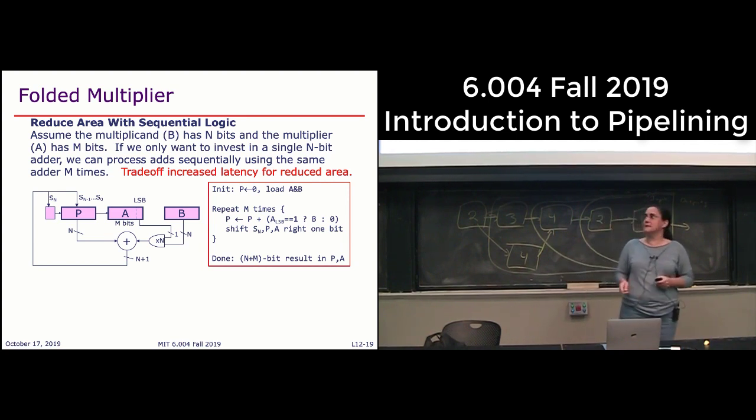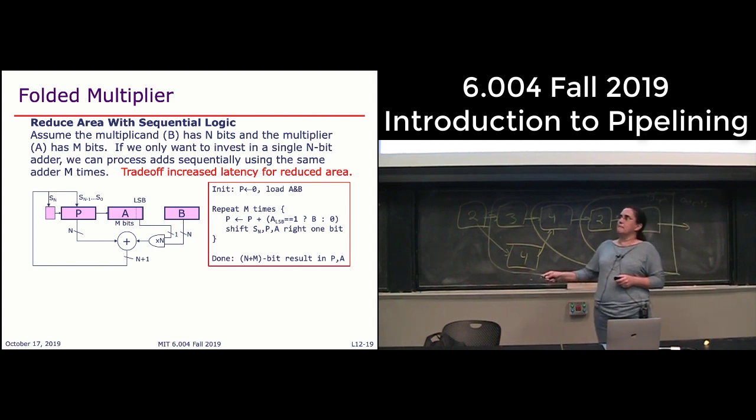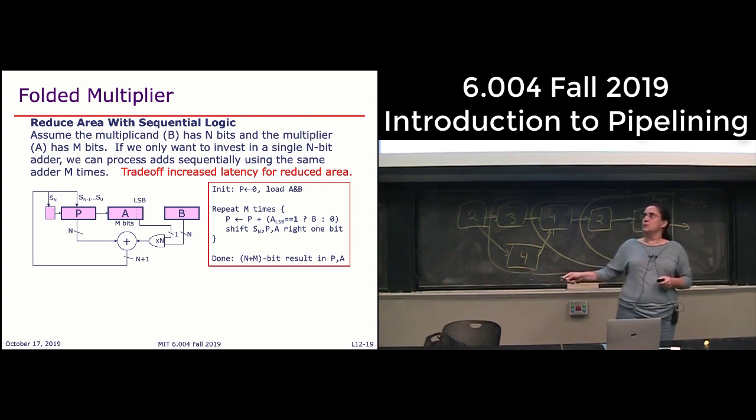So what happens here? I've got my A and my B. I'm looking at one bit of A for every given iteration. And this is just my set of AND gates, which AND that bit of A with all my bits of B. And then I'm adding my partial product to the result of that AND gate, okay?